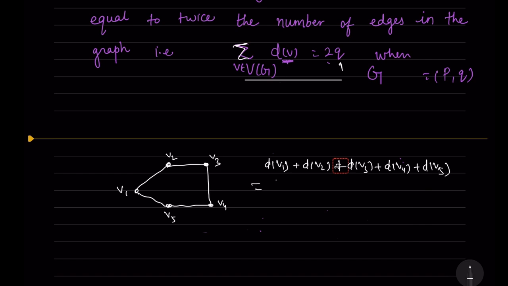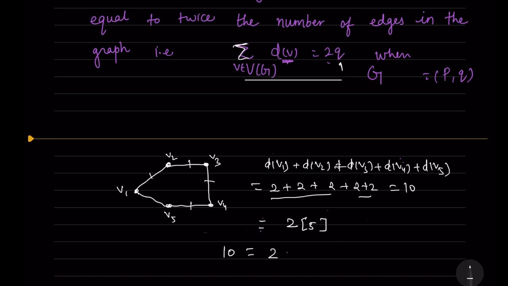The degree of v1 is 2, because 2 edges are incident on it, so 2 plus 2 plus 2 plus 2 plus 2. The sum of all the degrees of the vertices is 10, equal to twice the number of edges. The number of edges here is 1, 2, 3, 4, 5. Both are equal. It means the sum of degrees of all the vertices is equal to twice the number of edges.